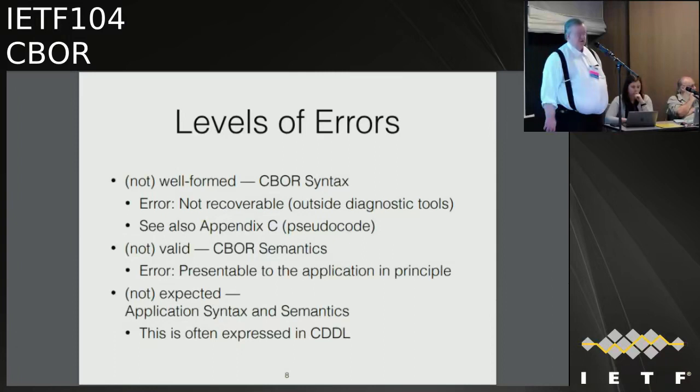That's where CDDL might come in, or YANG, or some other modeling language, or it's just defined in text. These errors exist, and the reason it's a good idea to talk about them in the spec is that it's rarely useful to just think about well-formedness and validity at the CBOR level. With validity in particular, there is a gray area that can only be disambiguated by the application. The first example of that, which tripped us up for the last five years, was the integer versus floating point thing, where originally the intention was to integrate these two spaces as much as they are in JSON.